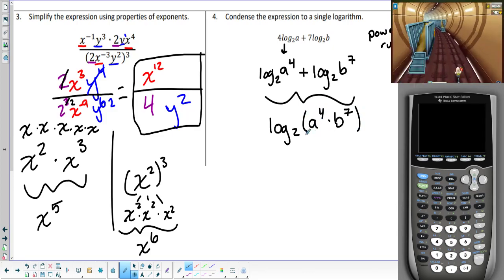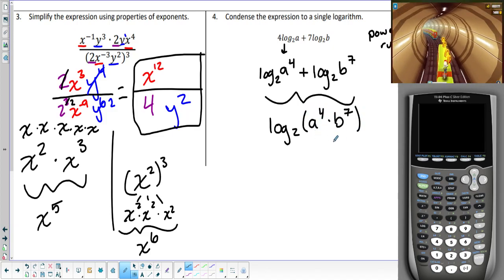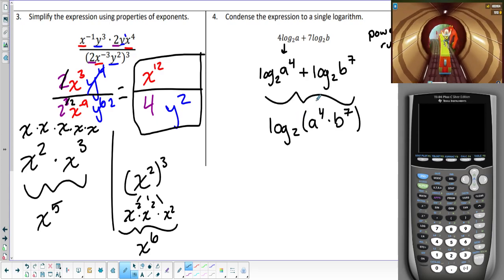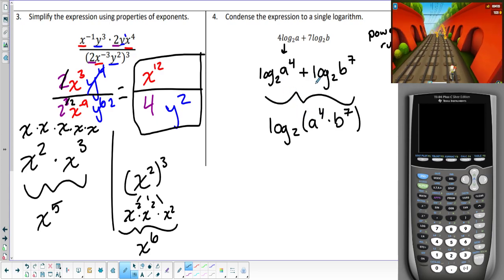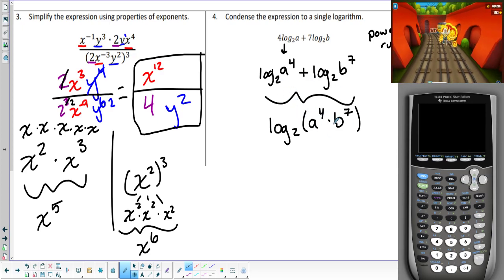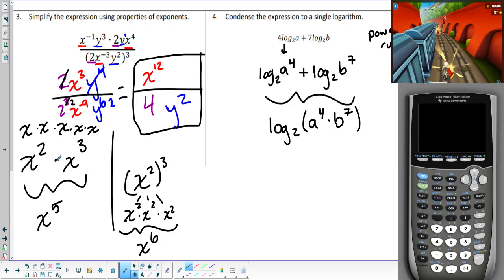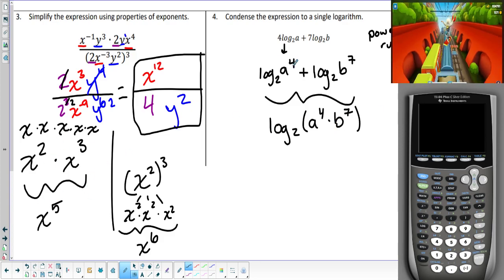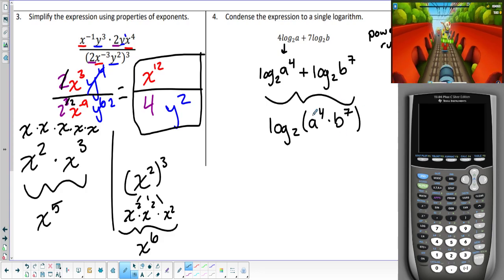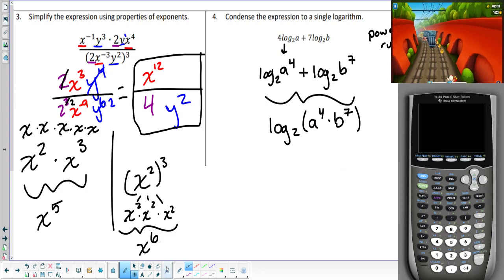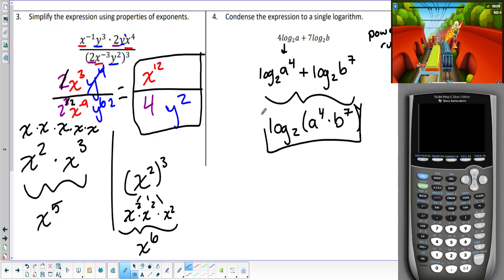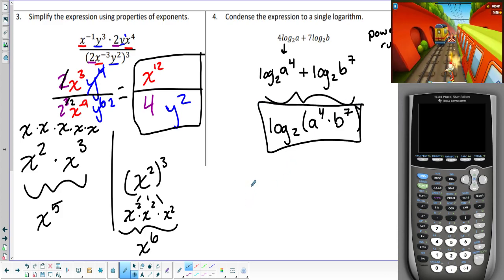If there's two things being multiplied in my argument, you can split them up by adding the logs, or you can go the other way and combine them by multiplying, right? It's kind of like here, we add our exponents when we multiply, well, we add our logs when we multiply, right, inside the argument. But this is the answer, right? This is condensed into a single logarithm, so it's good.